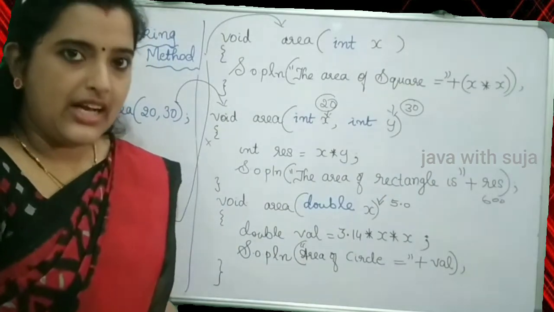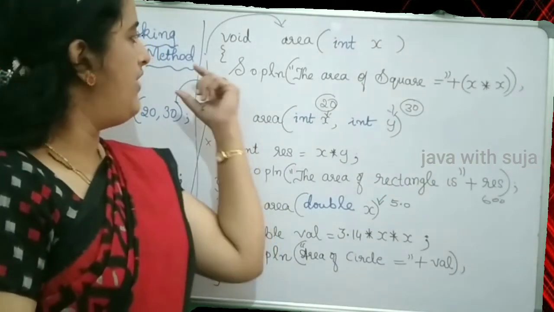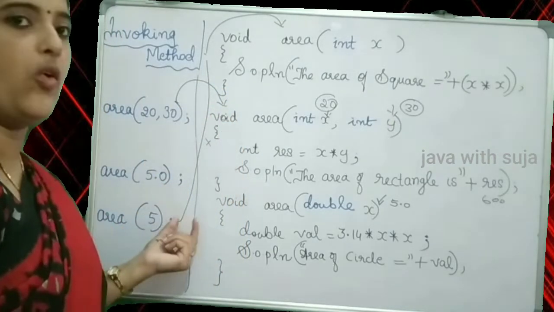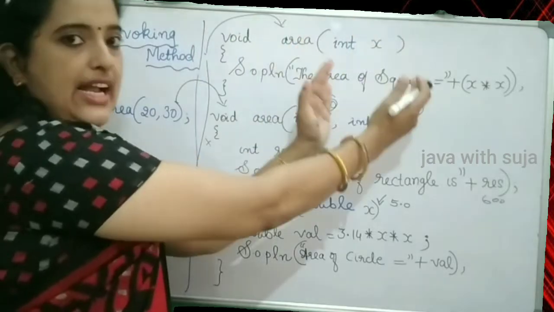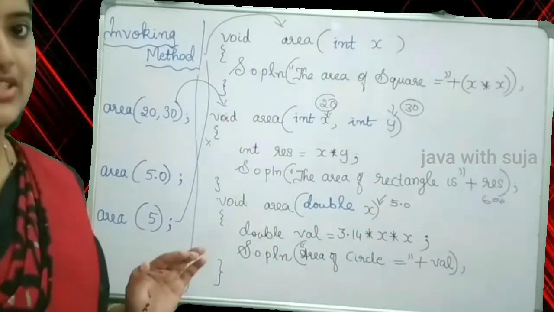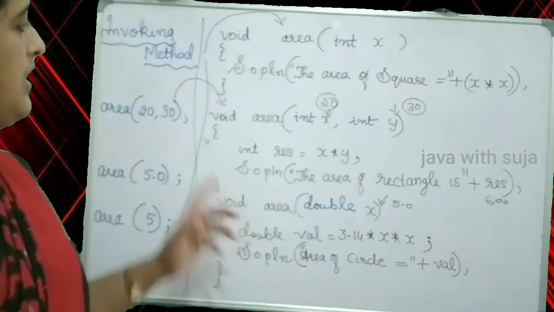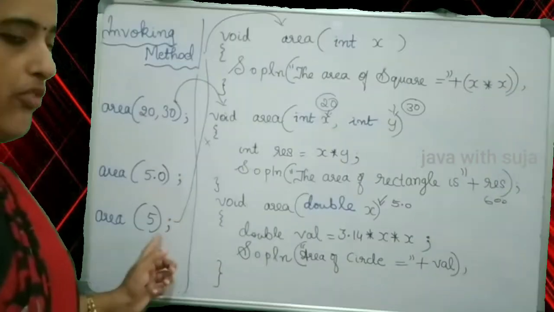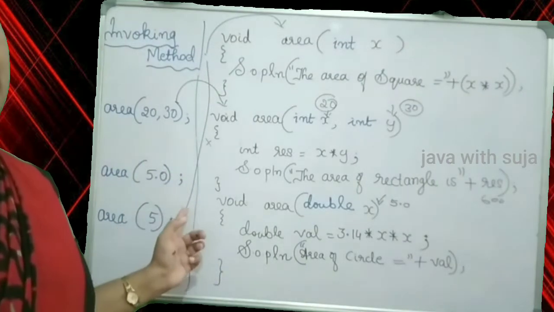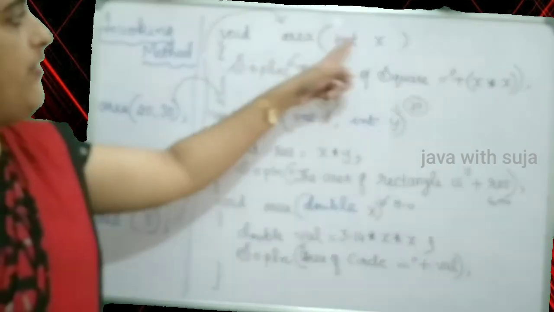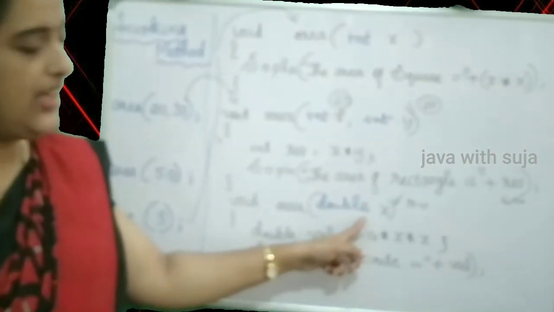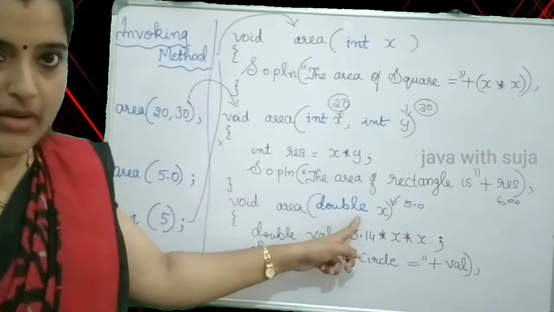Now you might have noticed that the value which we pass through the method call gets assigned to the variable in the method definition. The values which we provide in the method call are known as actual parameters, and the values or variables present in the method definition are known as formal parameters.